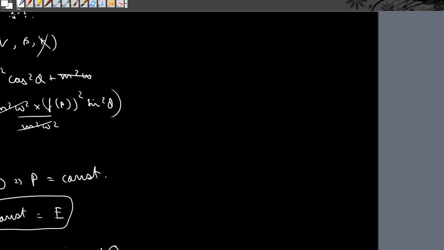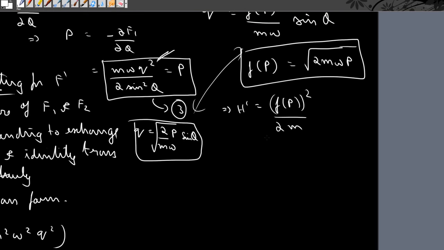If we substitute for f of P, we get 2m omega P by 2m. So these cancel and this is nothing but omega P. This should be equal to the constant E.